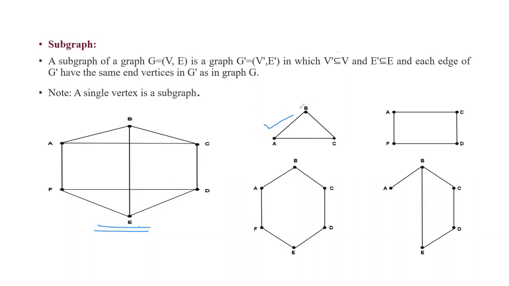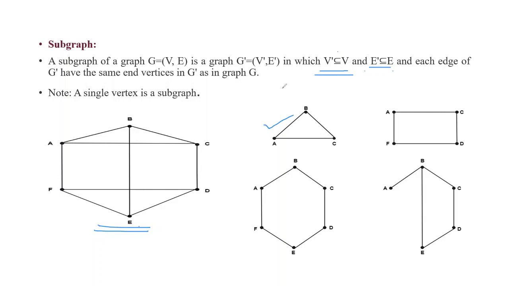These 3 vertices A, B, C are a subset of the vertices of this graph, and the edges are also a subset. As per the definition of subgraph, V dash is a subset of V and E dash is a subset of E. So V dash contains these 3 vertices A, B, C.